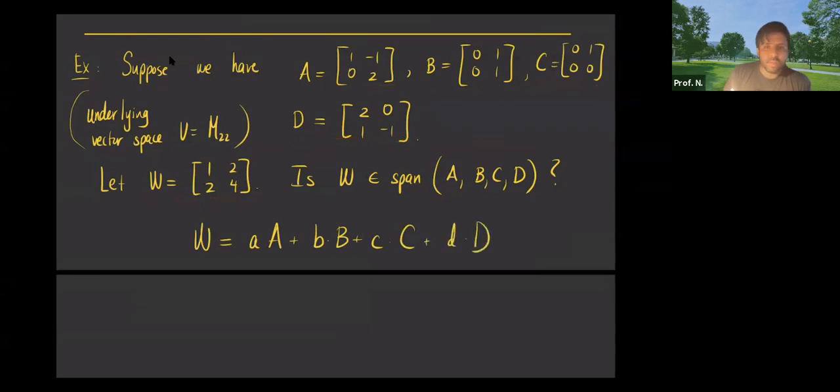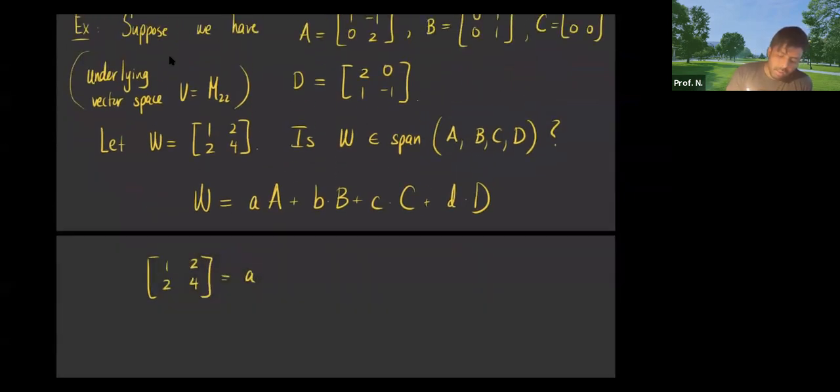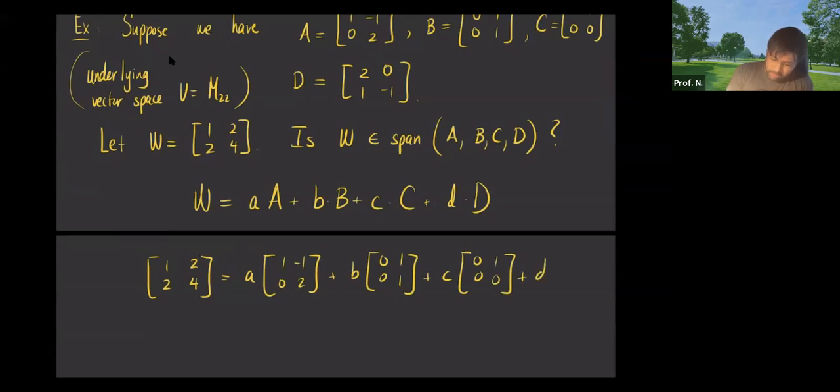In other words, this is a more concrete example. I have a times 1, 0, negative 1, 2, plus b times 0, 0, 1, 1, plus c times 0, 0, 1, 0, plus d times 2, 1, 0, negative 1.